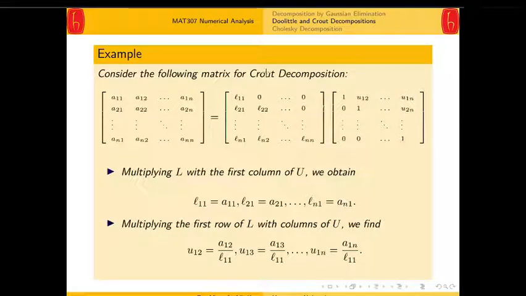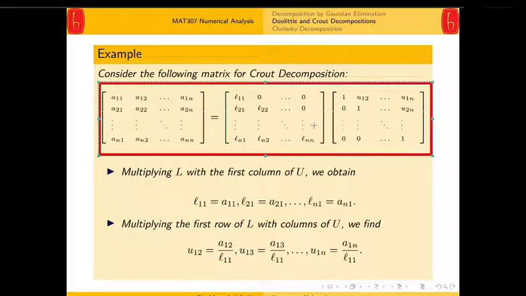Okay, for the Crout decomposition, we again start with the same matrix, but this time we will have ones on the diagonal of the upper triangular matrix. Multiplying L with the first column of U, when we multiply all the rows with the first column, we will have L11 is equal to A11, L21 is equal to A21, and Ln1 is equal to An1.